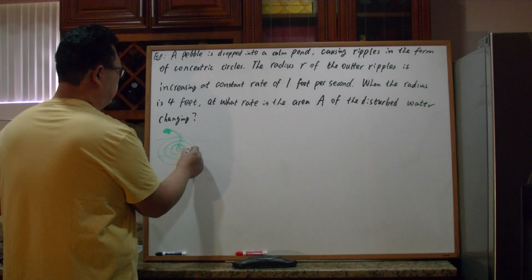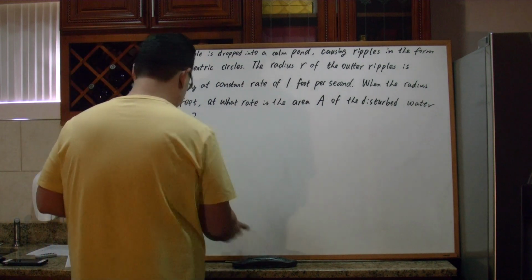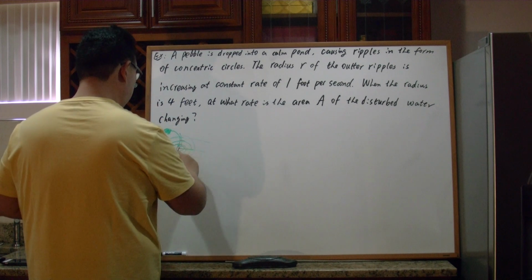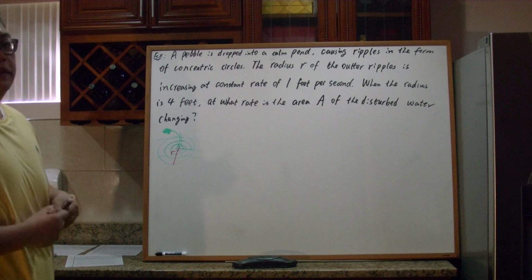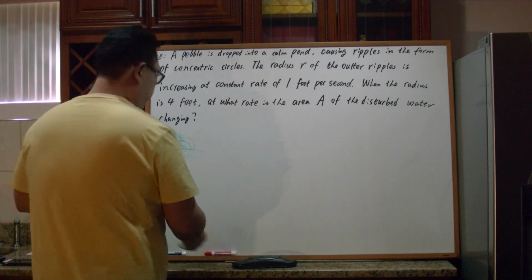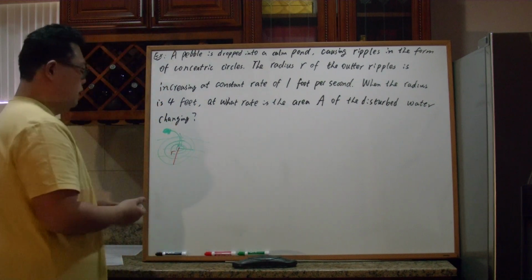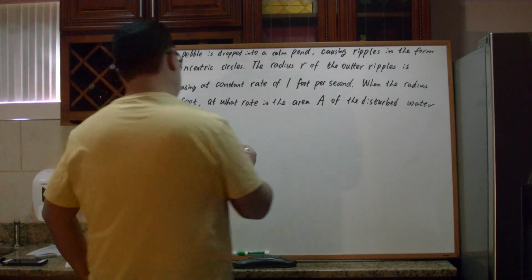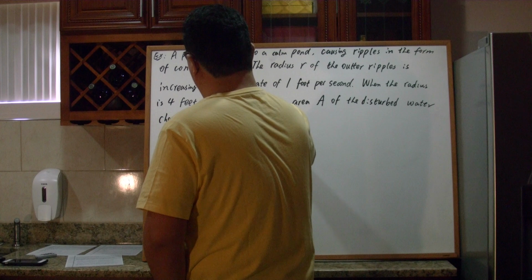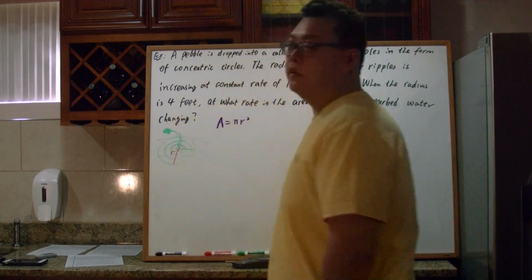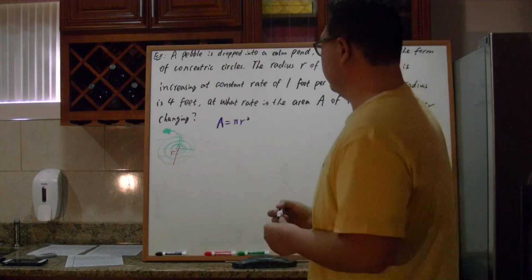The radius and the area disturbed are related, since the area of a circle is pi r squared. That's what we know. So let's see what's given.